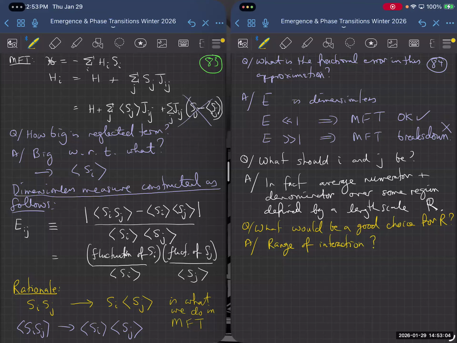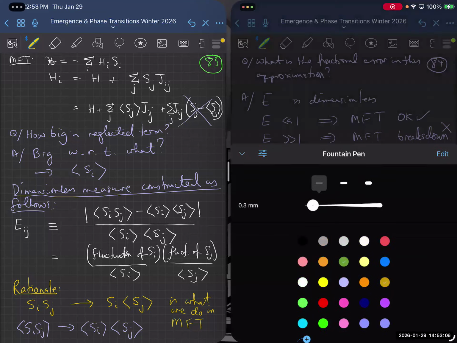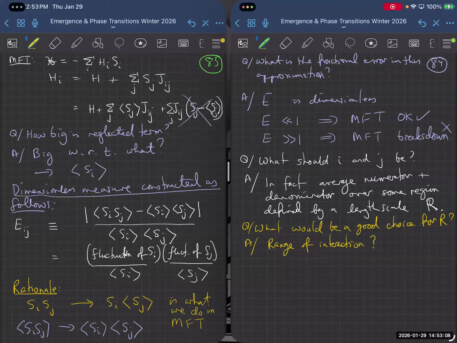Okay, so do you think that's a good answer or a bad one? Who thinks that's a good answer? So let's suppose I've got spins with a nearest neighbor interacting Ising model Hamiltonian. Do you think it's a good idea that we choose our length scale to be the scale of interactions, i.e., one or two lattice spaces?